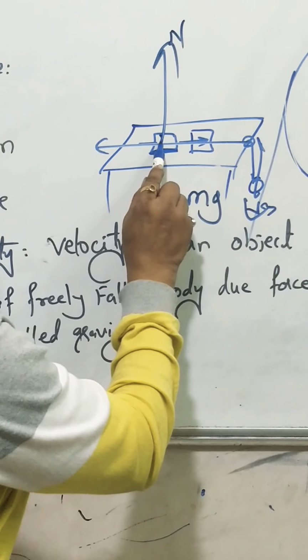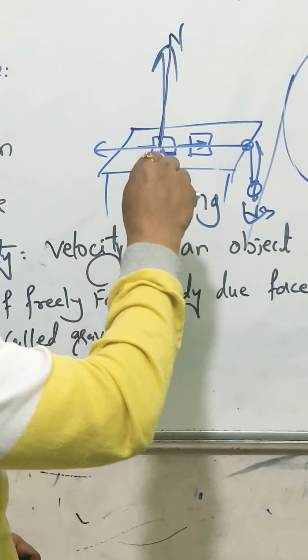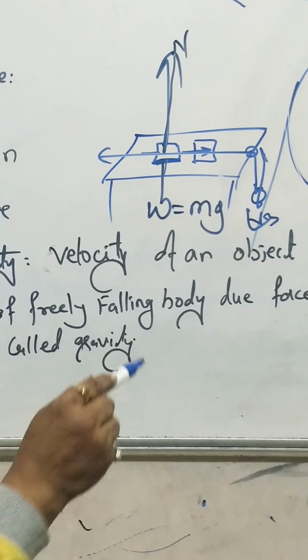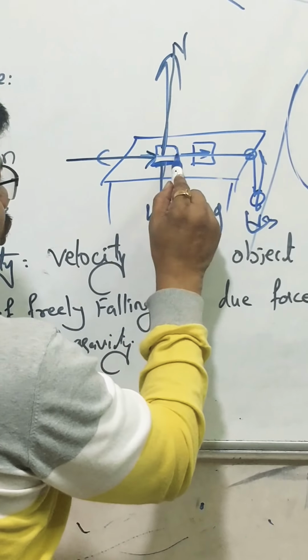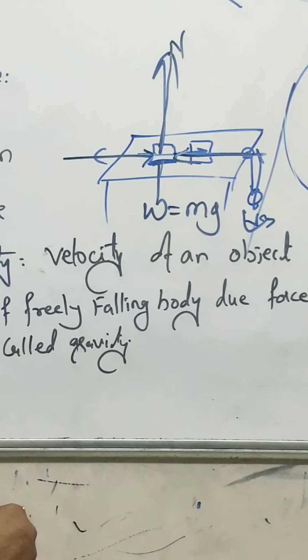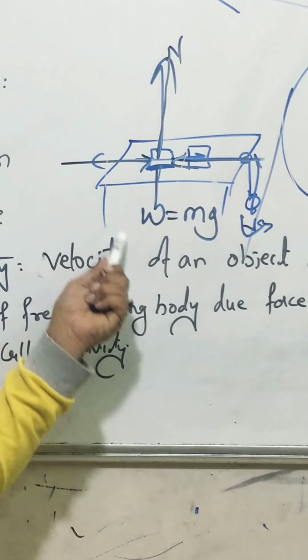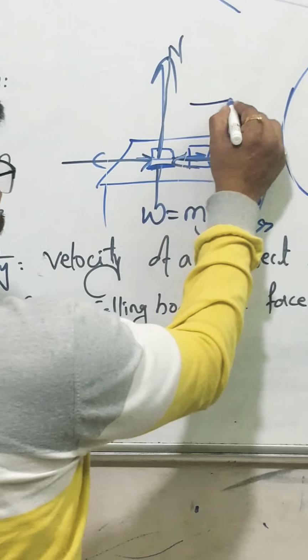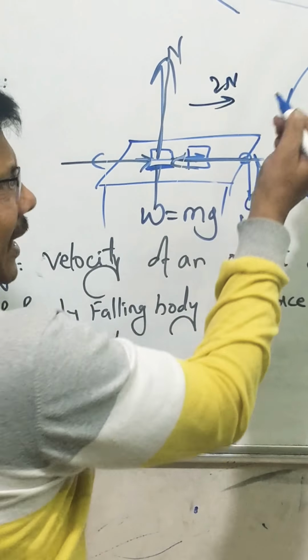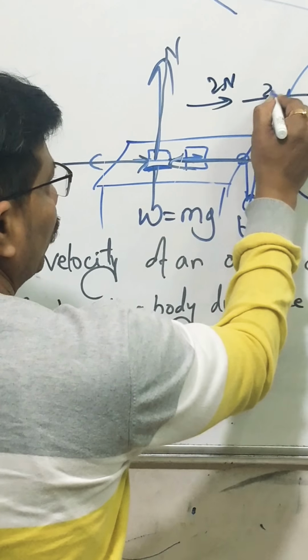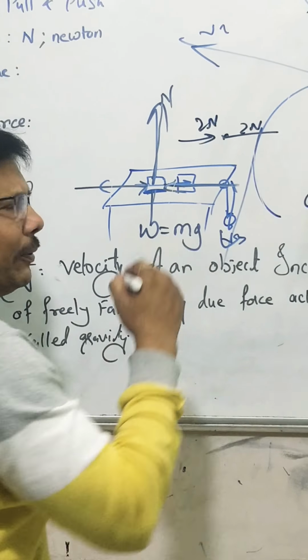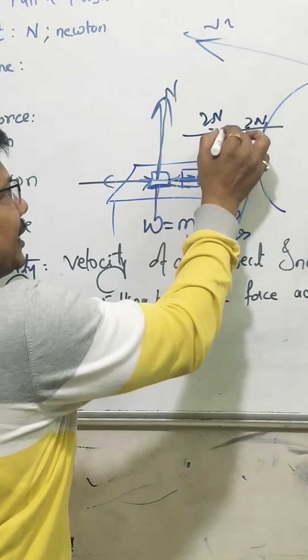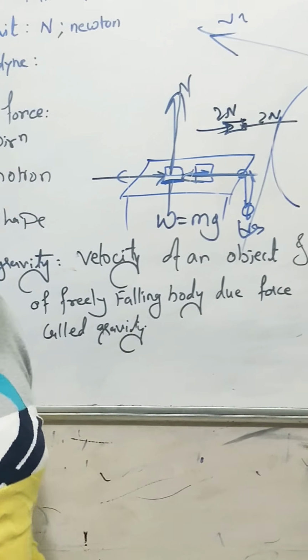Whatever the magnitude of the upward force, the downward force has the same magnitude. With these directional forces acting on a body, the resultant force is 0. If you apply 2 Newton force in this direction and 2 Newton force in the opposite direction, both having the same magnitude, the resultant effect will be 0.